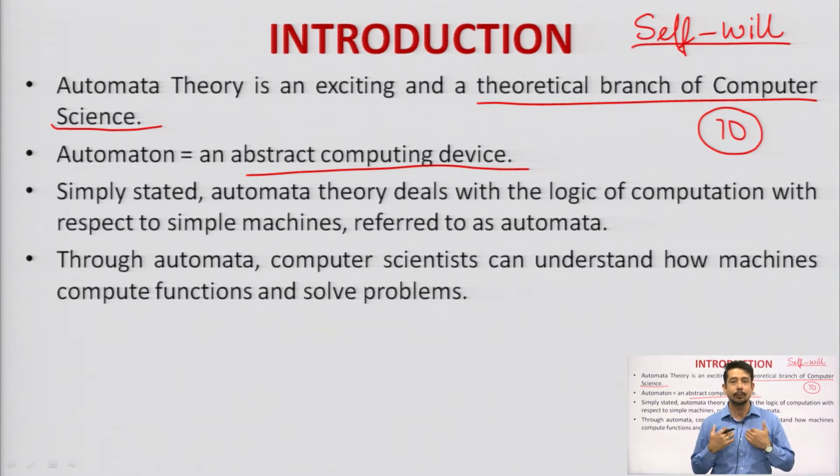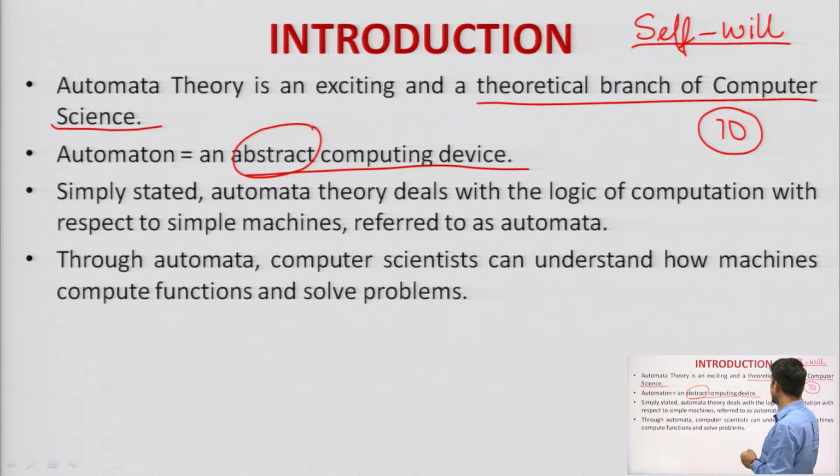Suppose I am a developer and I have developed the entire machine, but when I submit that machine to the end user, the user's responsibility is just to work with the machine, not to understand the inside part. So we can say that this automaton is nothing but an abstract computing device, an abstract machine. This is one point that you should keep in mind: abstract. Then the next point you have come across is a theoretical branch.